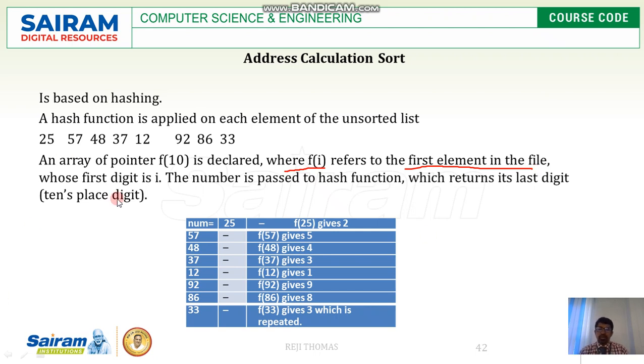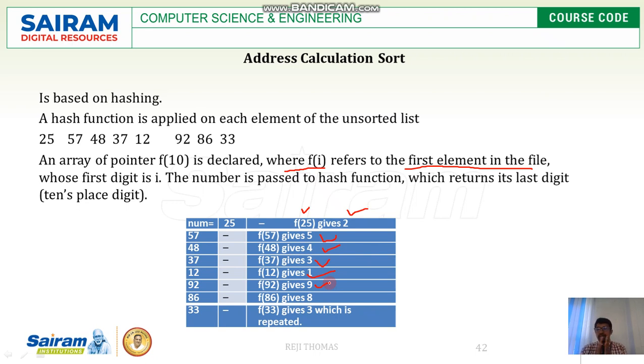If I give f of 25, it gives you the first number. 25 has the first digit 2, so it gives you 2. f of 57 will give you 5. For 48, I'll take the first digit 4, then 3. f of 12 is going to be 1, 92 is going to be 9, and for 33, I'll be getting 3.